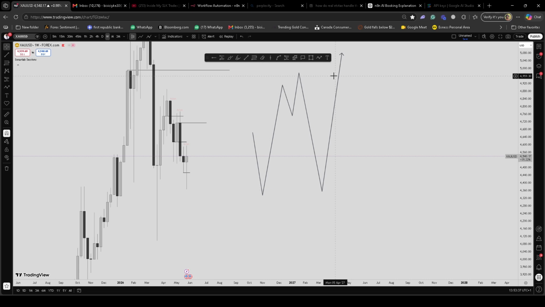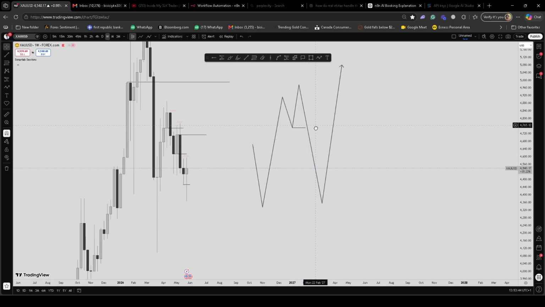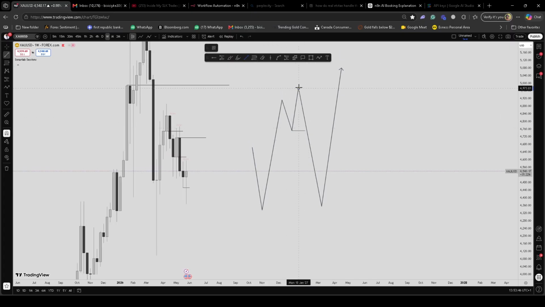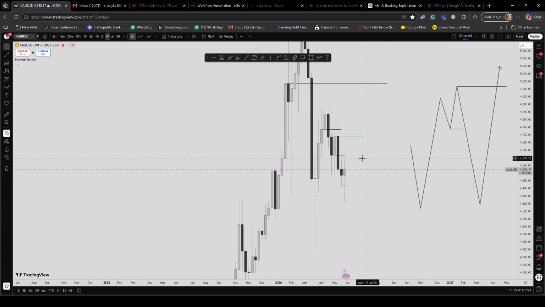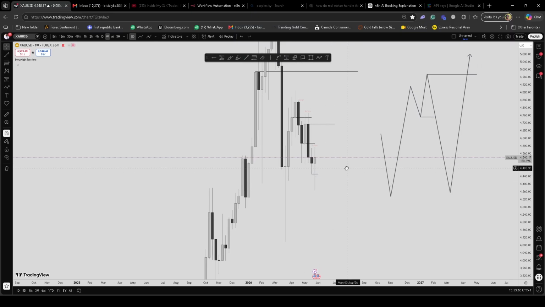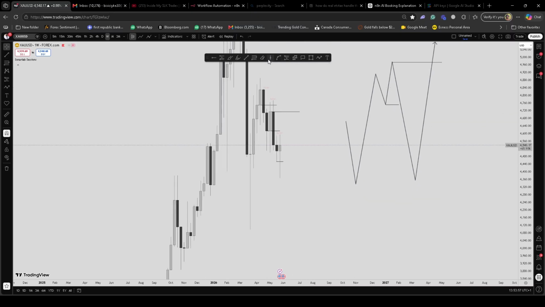Price will come from external to internal, and from internal to external. Whenever price takes out an internal liquidity, price is coming for the external. Always note that. So after price takes out this low, we are expecting price to come for this weekly key level, because price also moves from weekly key levels to weekly key levels.